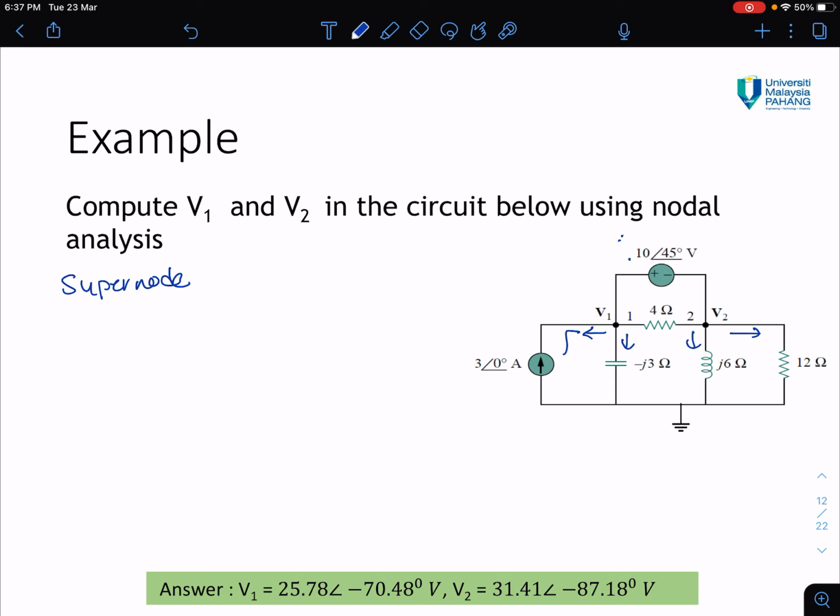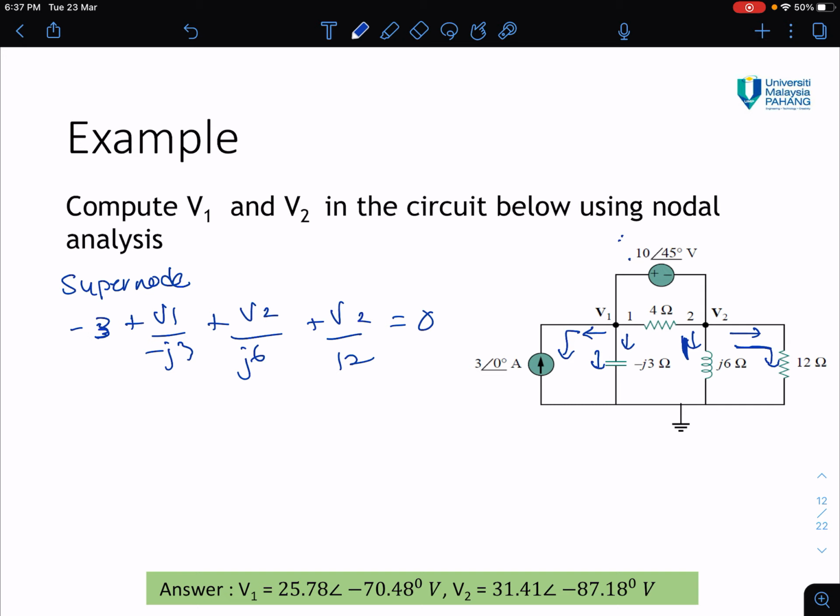I start from here: this is minus 3, and then plus V1 divided by minus j3, and then this part plus V2 divided by j6, and this part plus V2 divided by 12 equals 0.